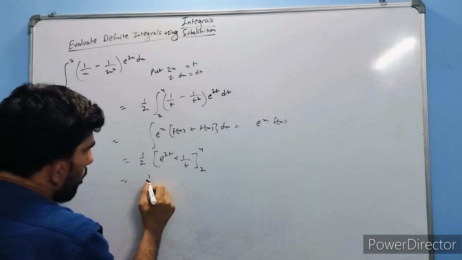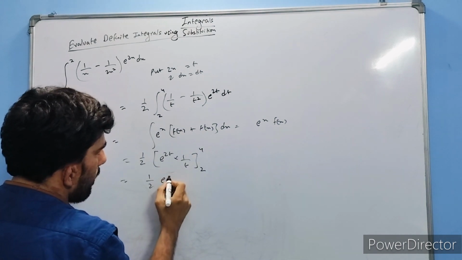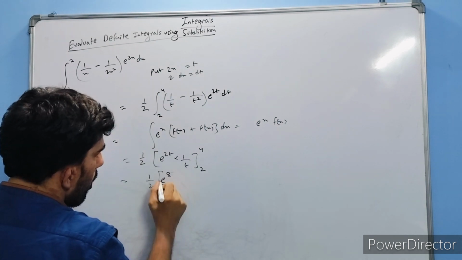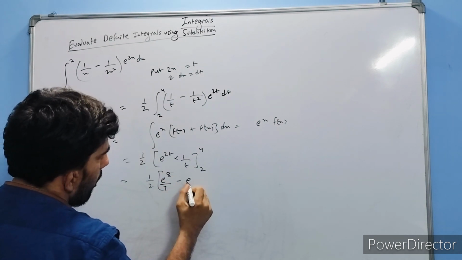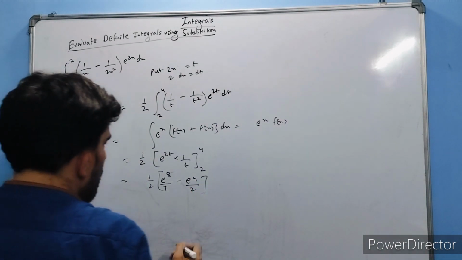So if I take 1 by 2, e^4 to the 8, e^8 into 1 upon 4 minus e^4 into 1 upon 2. Okay, so that is how we got the value here.